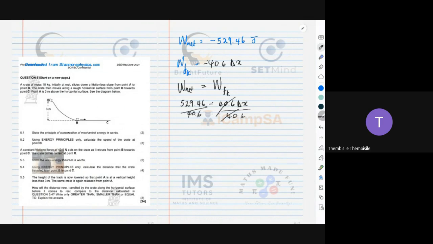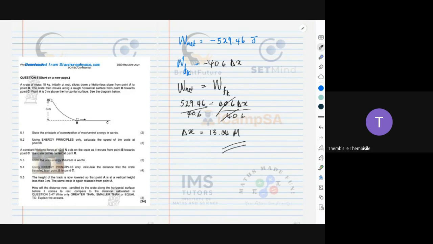The negative goes away, then you are left with something like this. Let's divide and see what we get. So we're going to have 529.46 divided by 40.6. Then you'd have 13.04 meters, right? This is your distance that is covered.